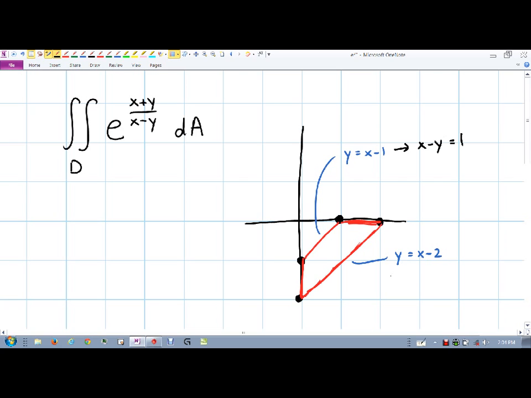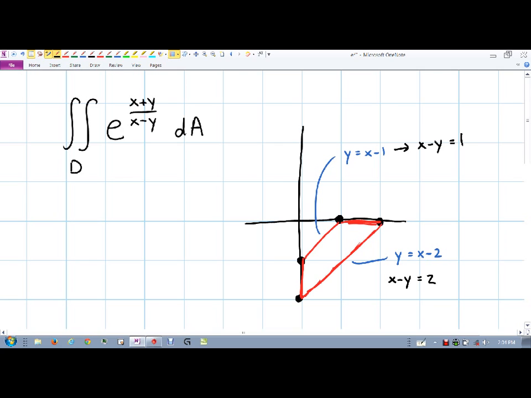This one down here, x minus y equals 2. So isn't it looking like x minus y might be a good transformation to use? Replace x minus y with maybe u or something like that. That would be u as 2. The other one would be u as 1, wouldn't it?